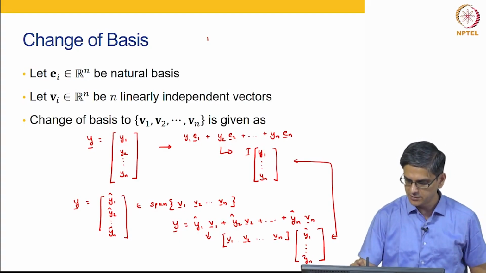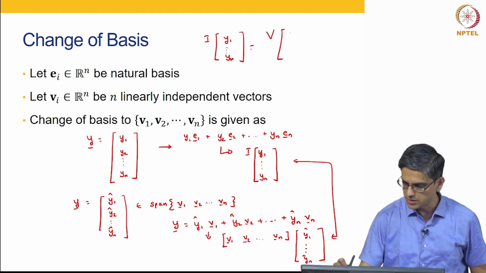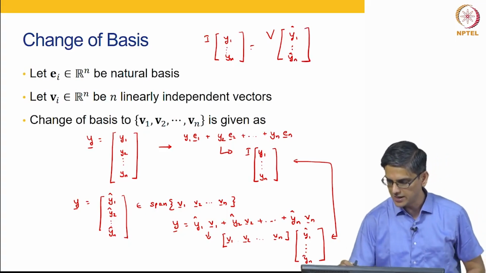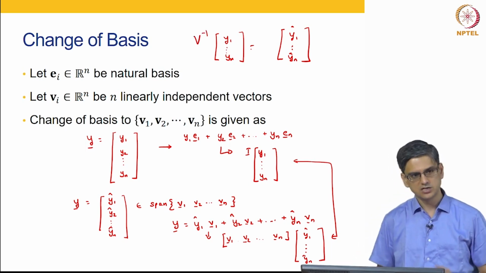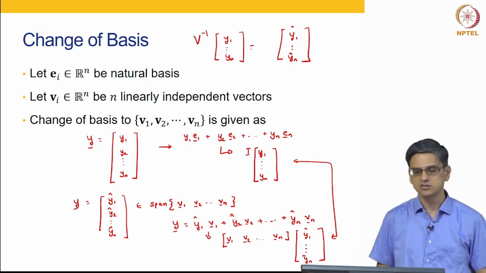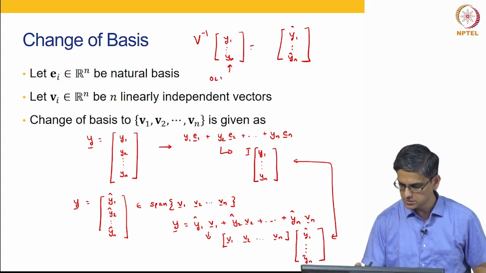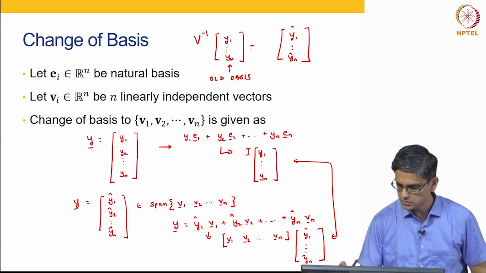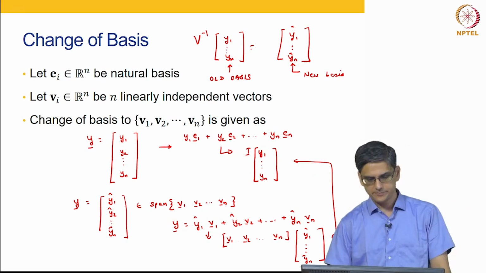So, we will find I multiplied by y1 to yn equal to V multiplied by y1 hat to yn hat. So, y1 hat to yn hat is nothing but V inverse multiplied by I, which is nothing but V inverse multiplied by this. Okay. So, this is old basis, this is new basis. Okay.